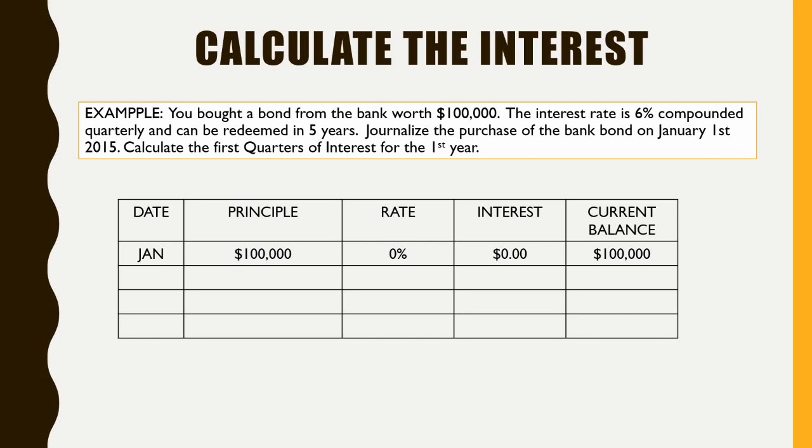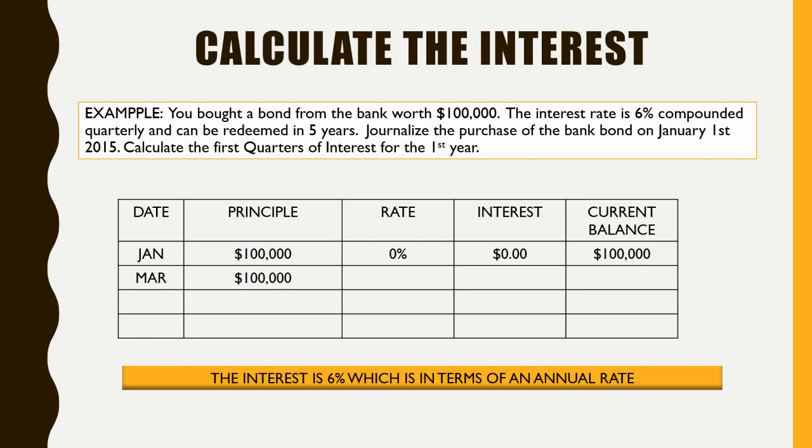So in this case, a quarter from now is going to be March. So you're going to take your 100,000, right? Now the interest rate, since we know it's 6%, we need to figure that out in terms of how many times you're going to be calculated the interest over a year. We know it's going to be 4 because it's quarterly, right?